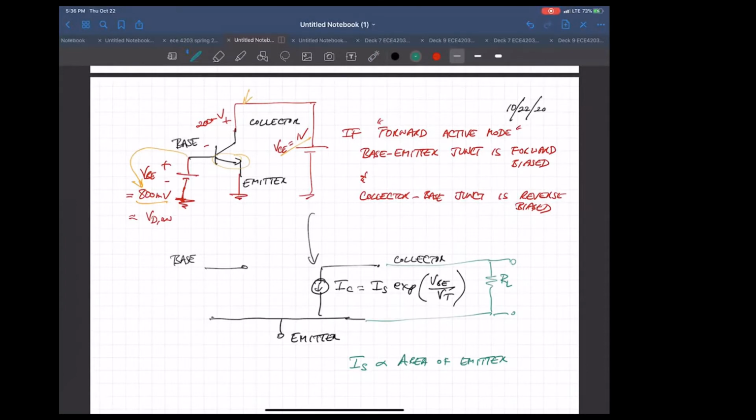Let's see if we can. Okay, let me see if I can share my screen. Share screen. Okay, share.